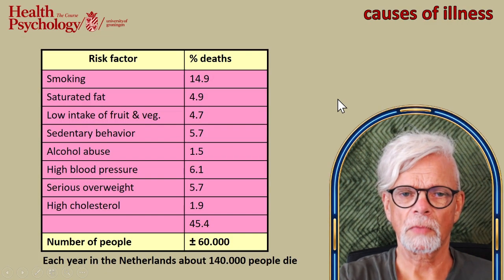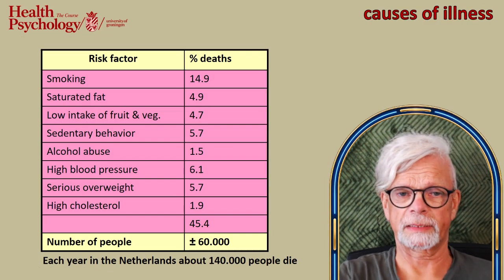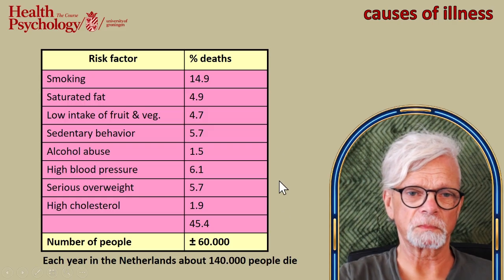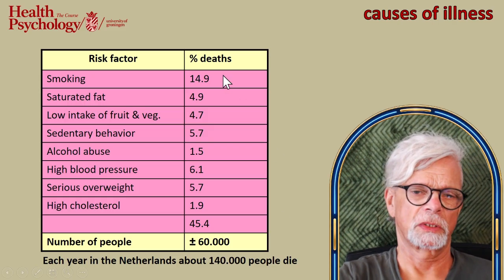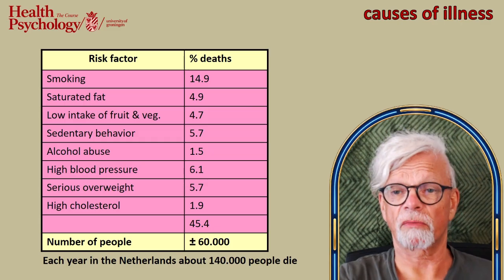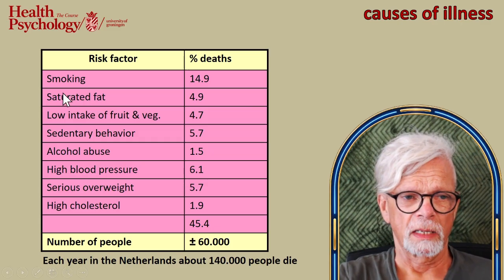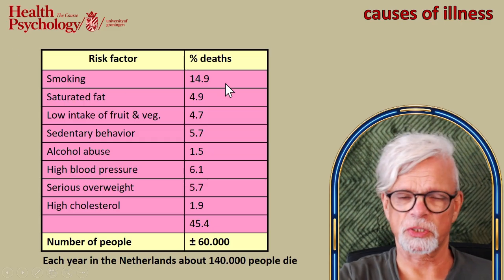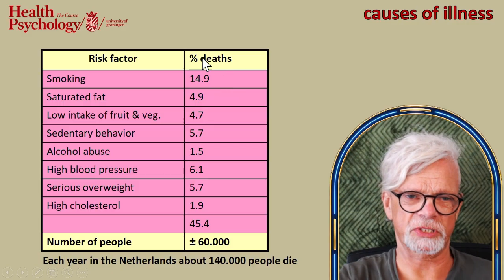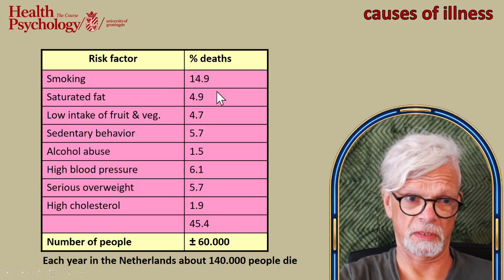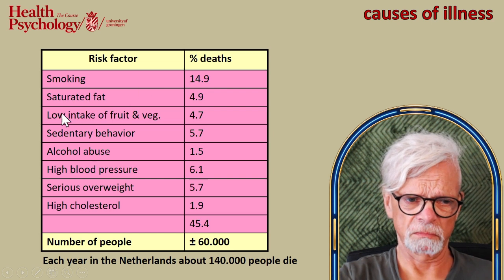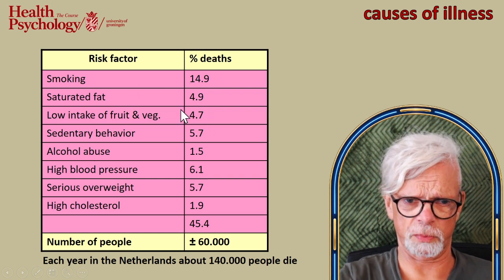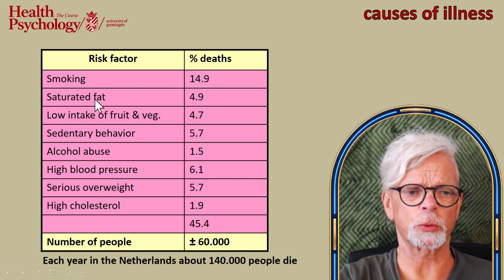And then we see this list of lethal behaviors or states that are related to behaviors. Like smoking is responsible for about 15% of early deaths. Saturated fat consumption, 5%. Low intake of fruit and vegetable consumption, 4.7%, and so on.